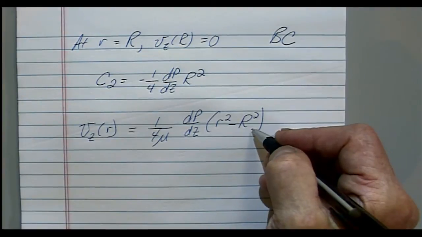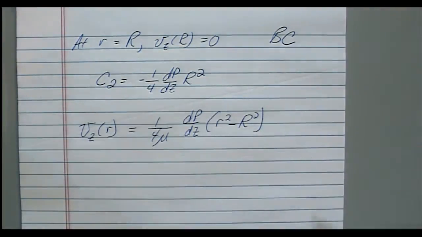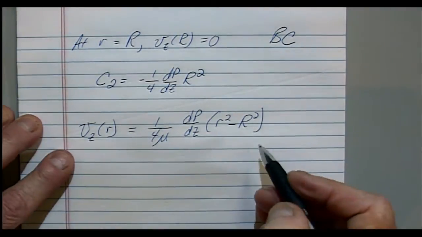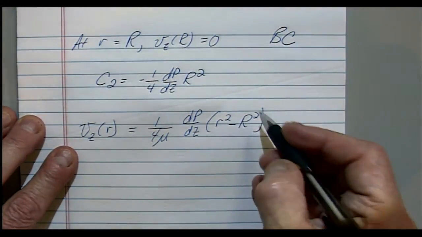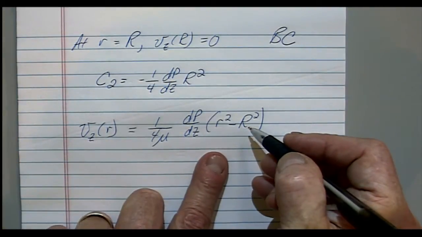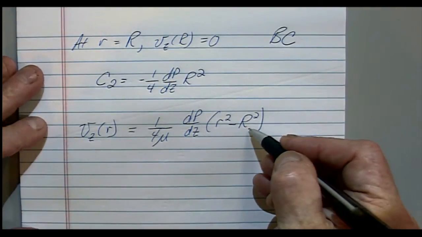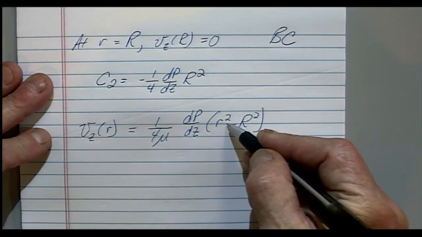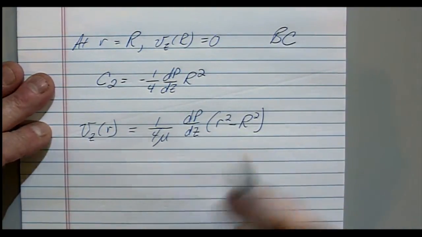Okay, so that's what the velocity looks like. It says the velocity depends upon where you are in the channel. If I'm at the center of the channel, little r is equal to 0, and I get my maximum velocity. And if we're at the outside edge of the channel, little r is equal to big R. They subtract from each other, and I get 0.